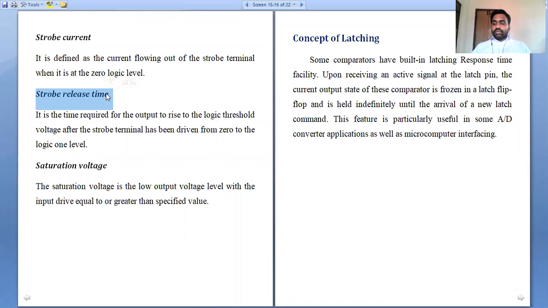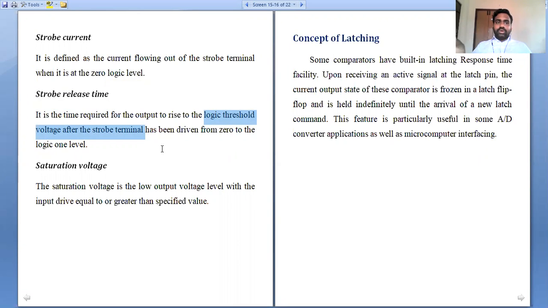what will happen? After the strobe current is zero, there is no strobe function being sent. At that condition we can see a logic threshold voltage after the strobe terminal. There used to be a rise of logic threshold voltage. That means after the completion of the strobe release time, we can see a logic threshold voltage.